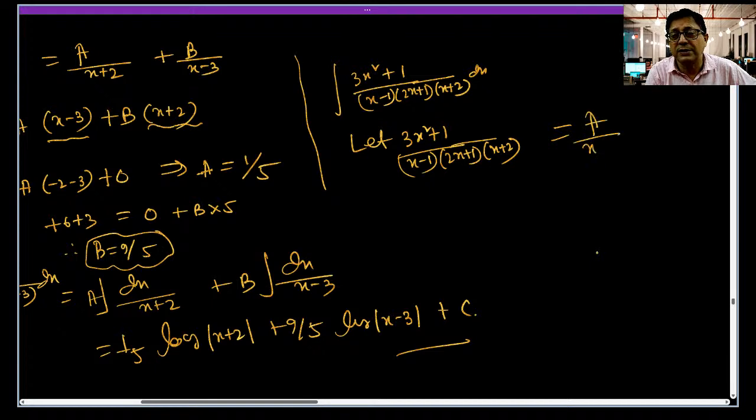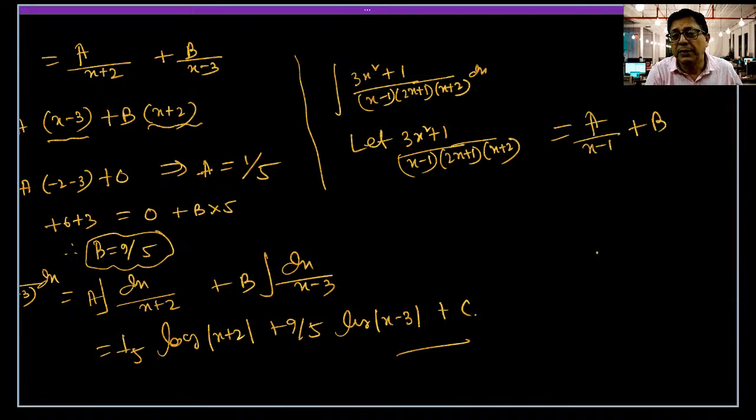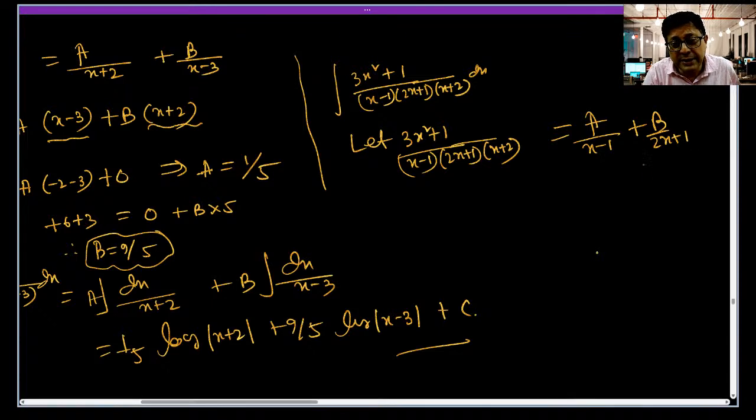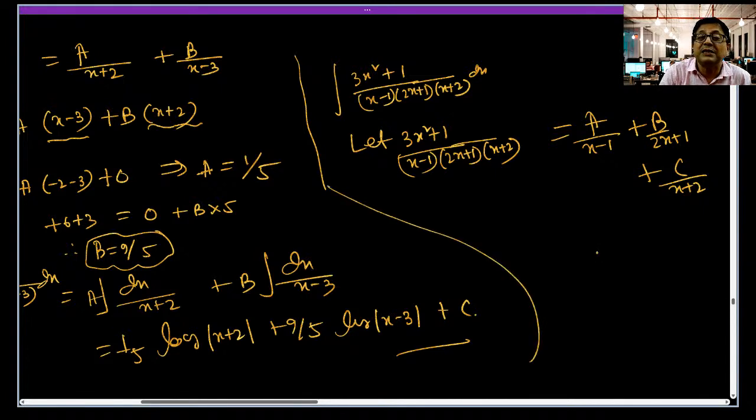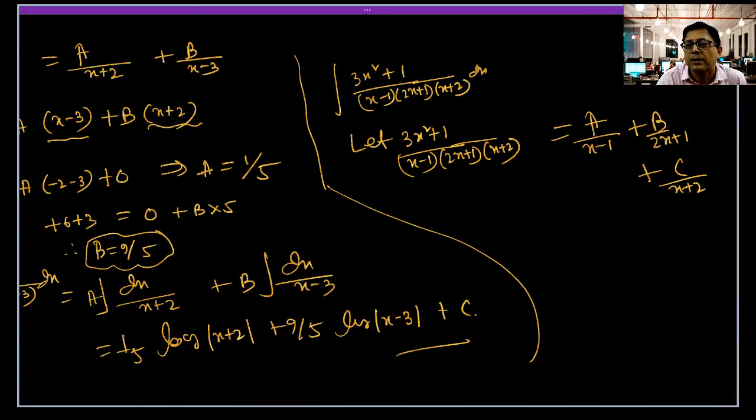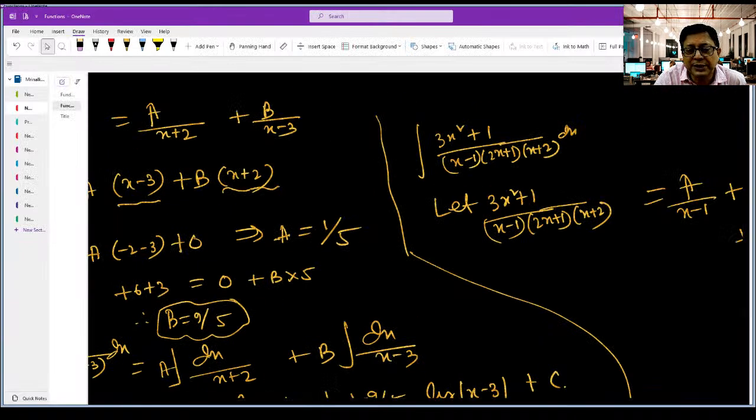A by the first, b by the second, and c by the third, and factors are linear. You cross multiply, put x equal to 1, x equal to minus half, and x equal to minus 2, get the values of a, b, c, and then integrate. Okay? So, integration at the introductory level you have finished.